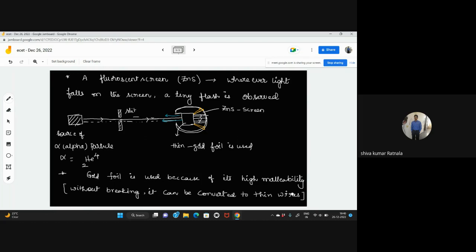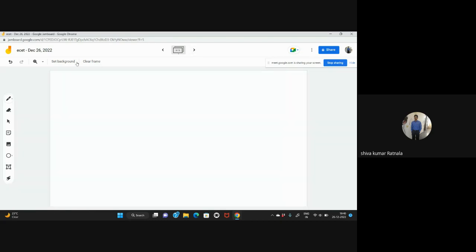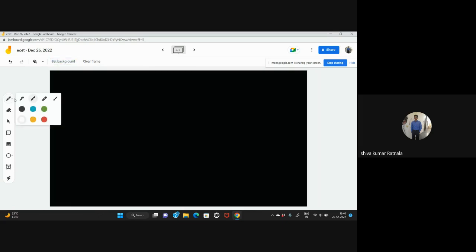Okay, from that experiment there were certain observations and conclusions made. So what are the observations they made?